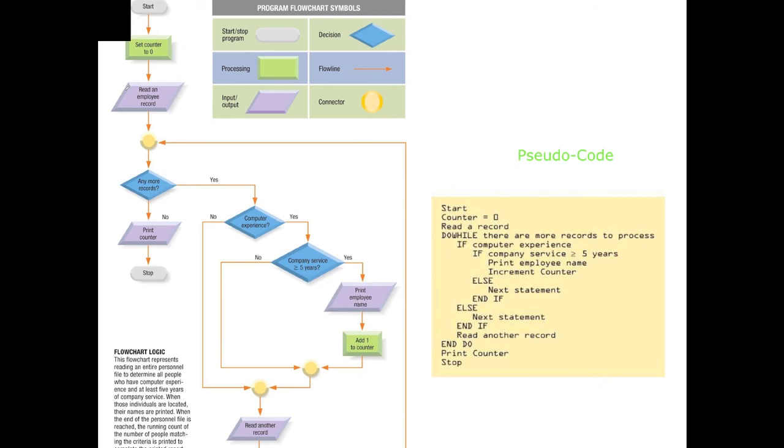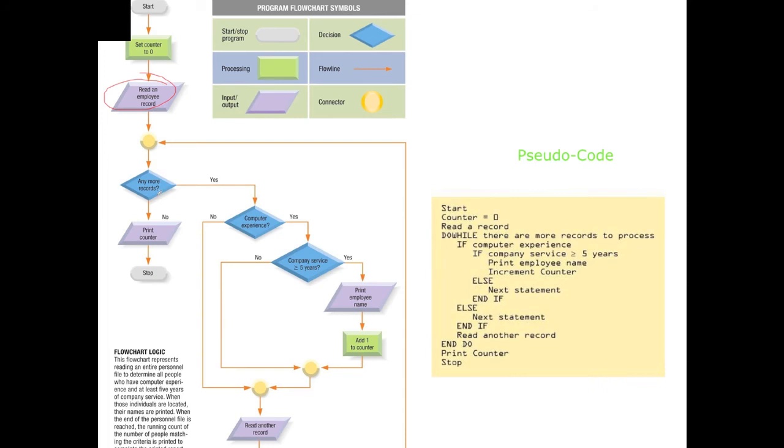All right, the next one is the input-output part. You need to read somewhere, so read an employee record. We don't know what the format of the record is, but all you need to do is just read a record. You don't need to worry about the details at this stage.